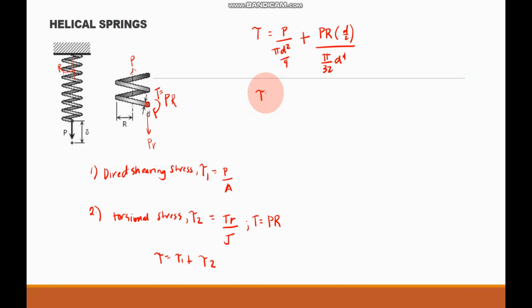So further simplification, we have P all over pi d squared all over 4 plus this one, cancel this out, it becomes 3, and then multiplying, we get 16 P multiplied by the mean radius all over pi d raised to 3.